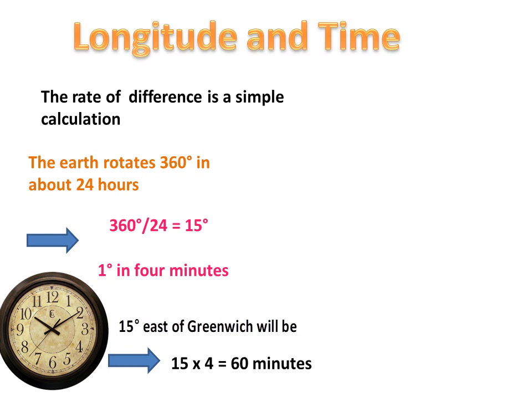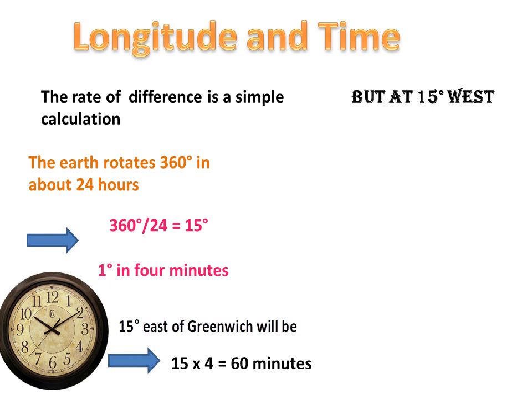Thus, when it is 12 noon at Greenwich, the time at 15° east of Greenwich will be 15 multiplied by 4, which is equal to 60 minutes. That is 1 hour ahead of Greenwich, which means 1 p.m.